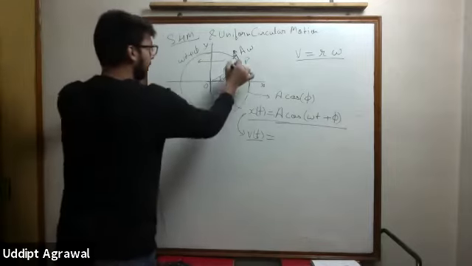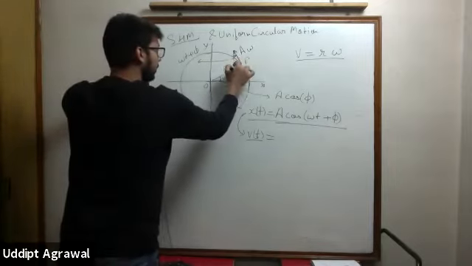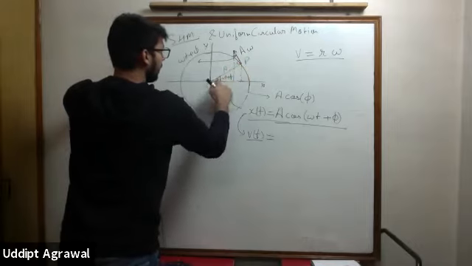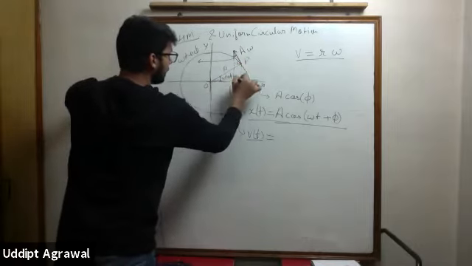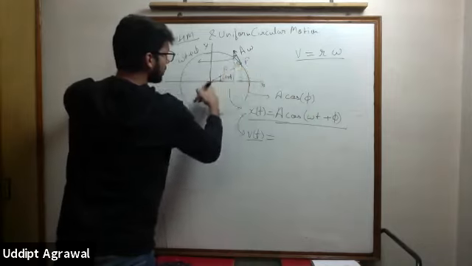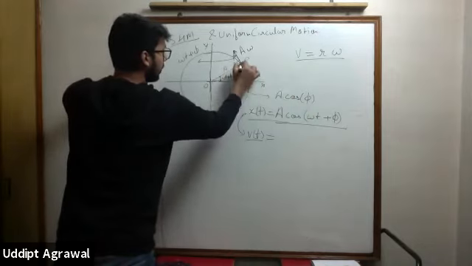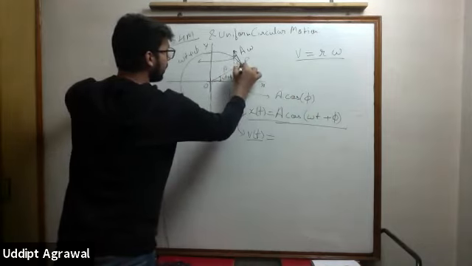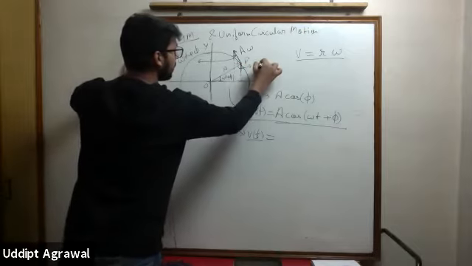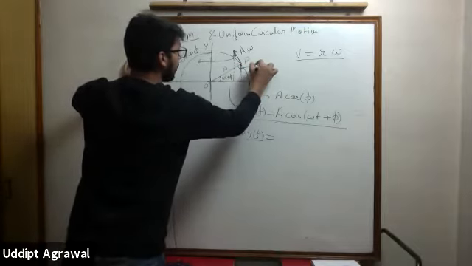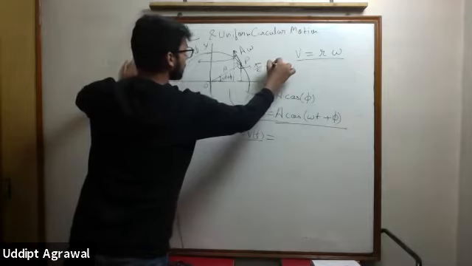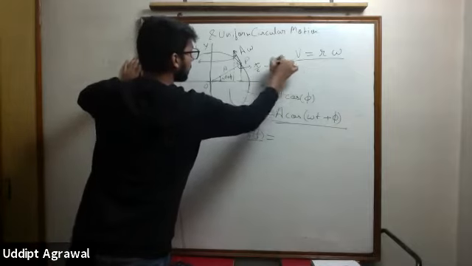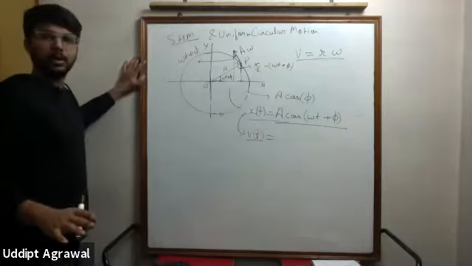And the reason for that is if I see the first triangle, which is this internal triangle, this will become pi by 2 minus omega t plus phi. Got it?